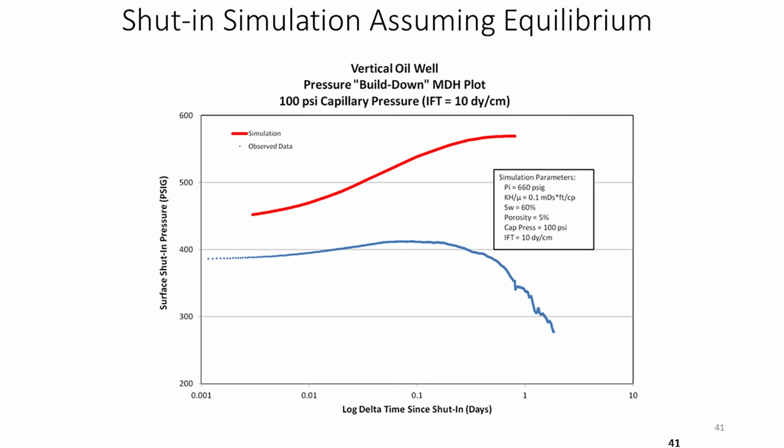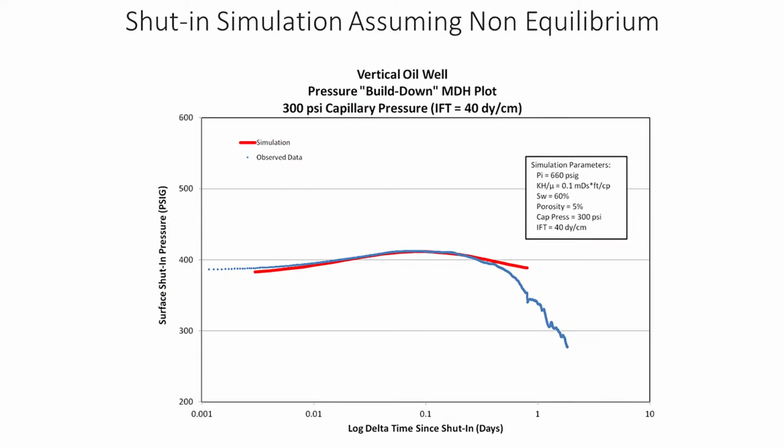And because it doesn't, if we try and match it with the standard assumptions, this is a reservoir build-up modeling program that assumes equilibrium, we get a horrible match. And we don't really know what to do with that. But if you use a model that does not assume equilibrium, that's a pretty decent match early on.